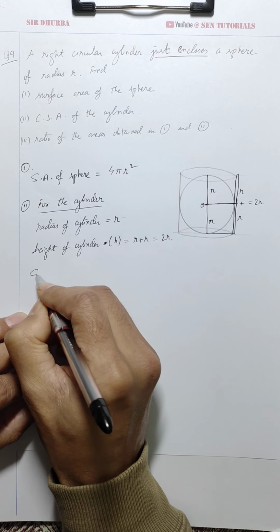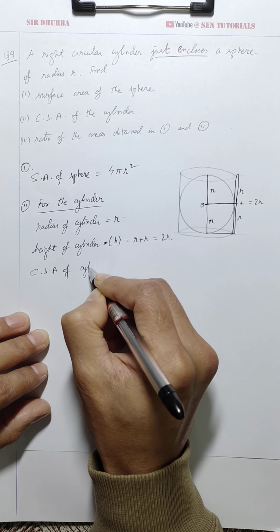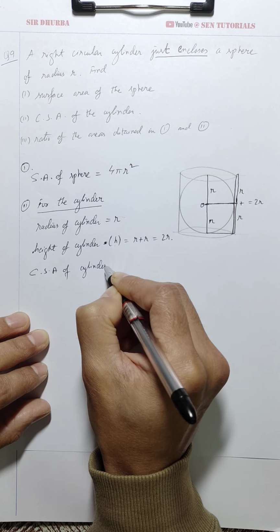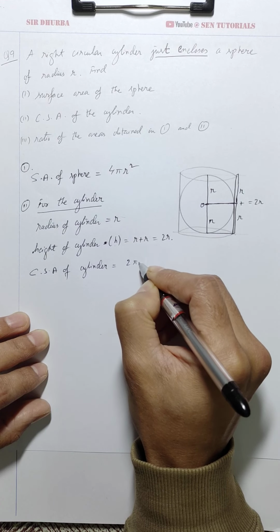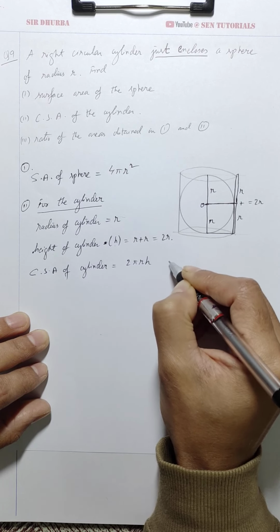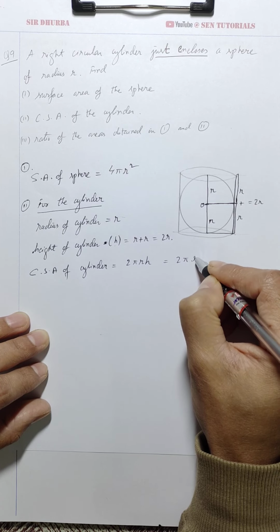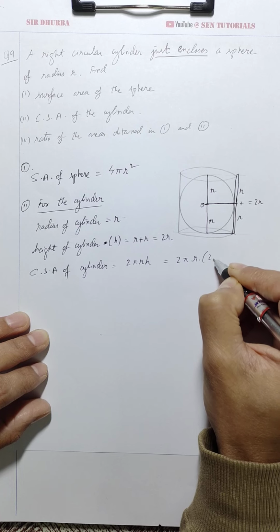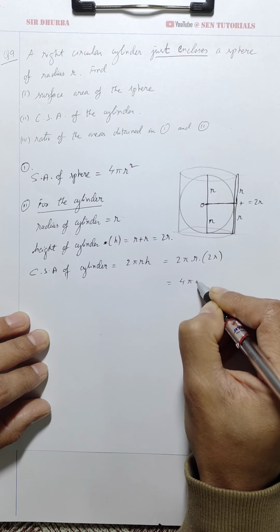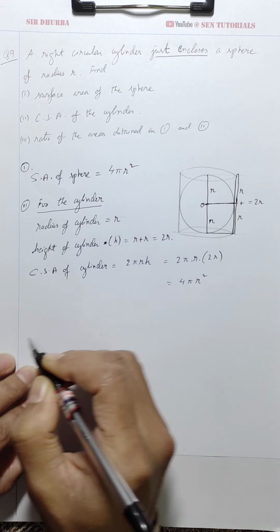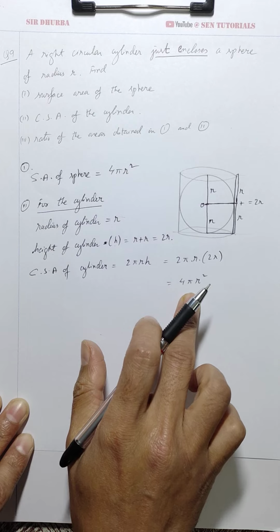So let's find out the curved surface area of cylinder. What was the curved surface area of cylinder? 2 pi r h. Let's not calculate because r and all we do not know. R h, that is 2r. So 2 2's are 4 pi r square, r into r. So this is the area for the first one, this is the area for the second one.